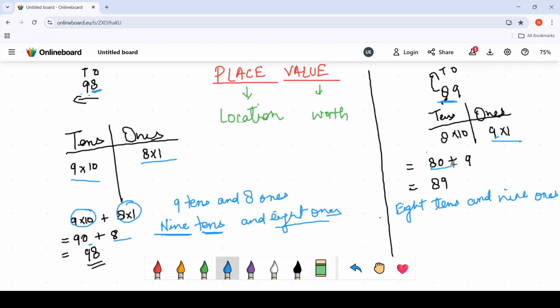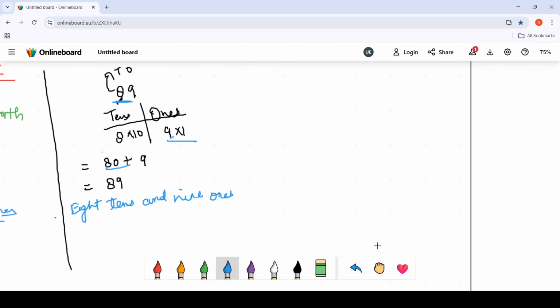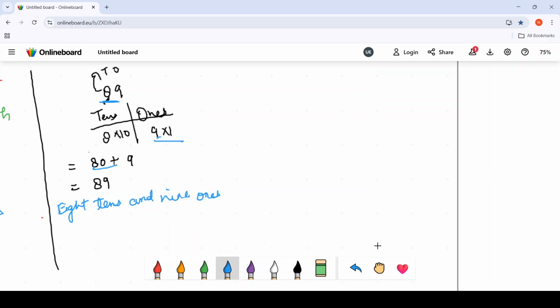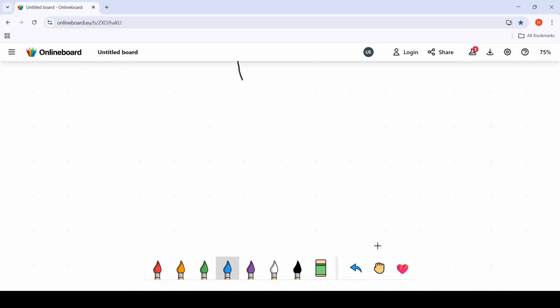I hope this concept is clear to you. Now I want you to try different numbers so that you have no confusion in the place value concept, and it will be easier for you to understand place value in hundreds and thousands place.